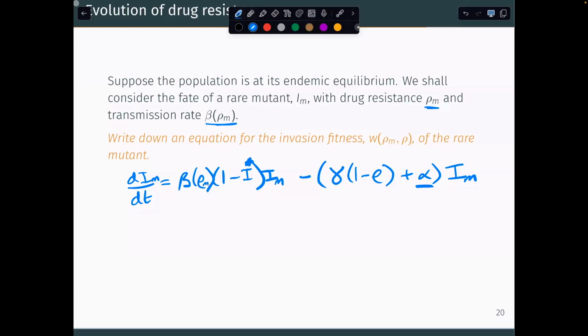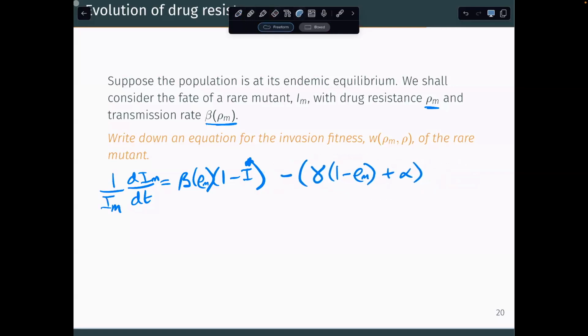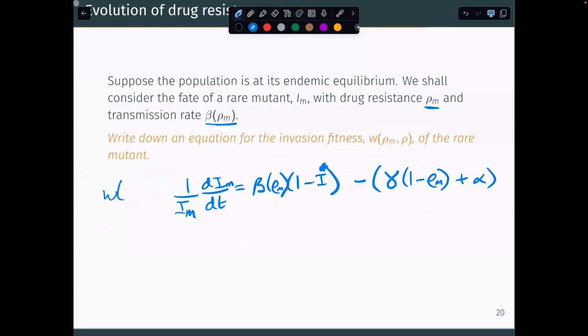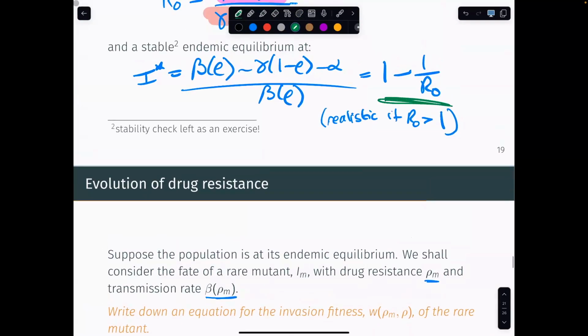We are going to have these rhos become rho m's. And then we're thinking about our per capita growth rate when it's rare, so we divide through by IM. So this gives us our invasion fitness, W of rho m and rho. We can actually simplify this a little bit further by noticing that 1 minus I star is equal to 1 minus 1 minus 1 over R naught, which we had up here.